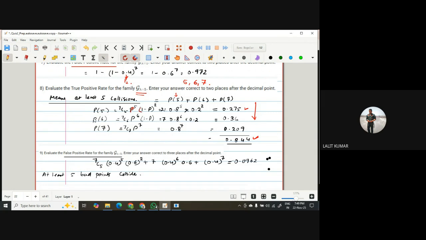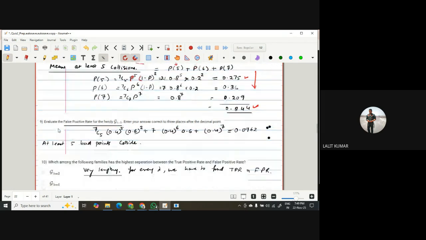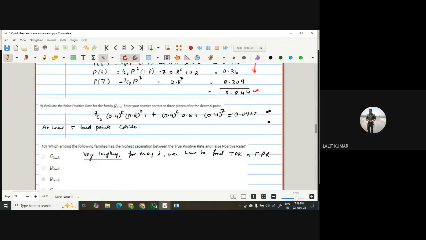Like for example, you keep on tossing your coin, and you got 10 tosses. Okay, sir. Okay. Evaluate the false positive rate for G lambda is equal to 5.